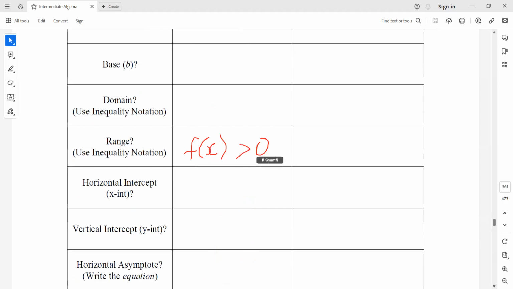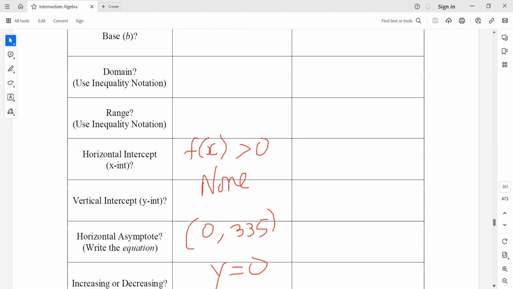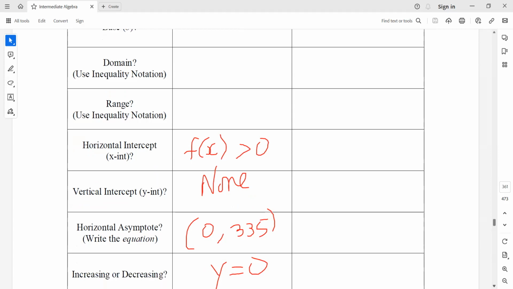Now what about the horizontal intercept? None. Vertical intercept is 0a, or the initial value, which is 335. The horizontal asymptote is always y equals 0. Is the function decreasing or increasing? The function is increasing, and then you put that there.